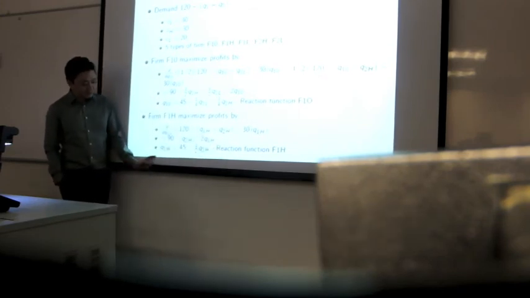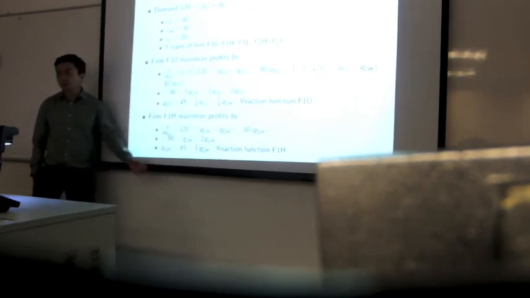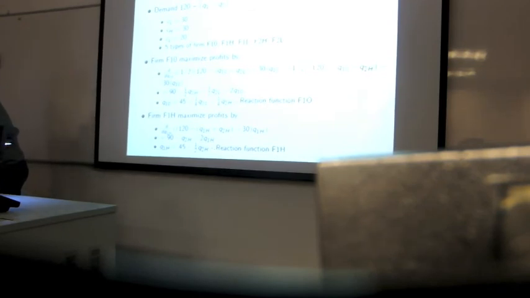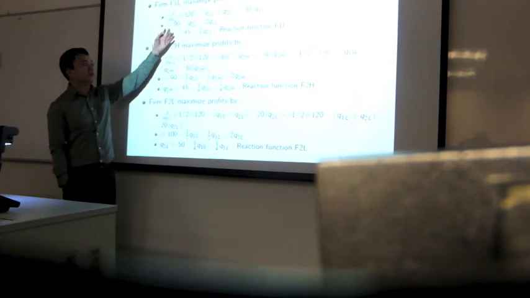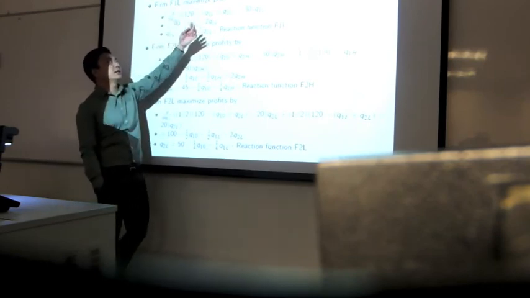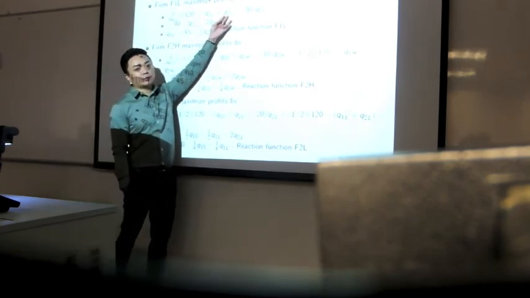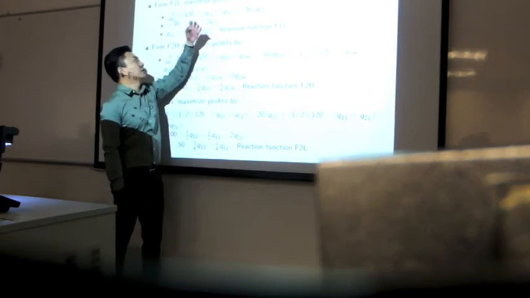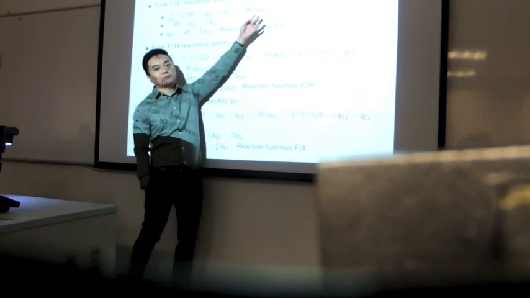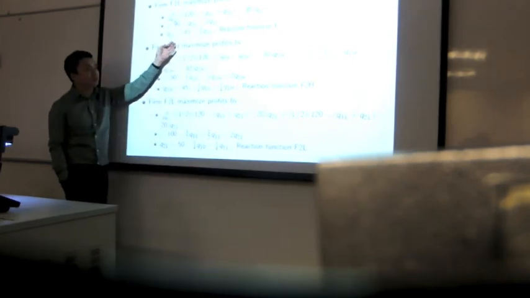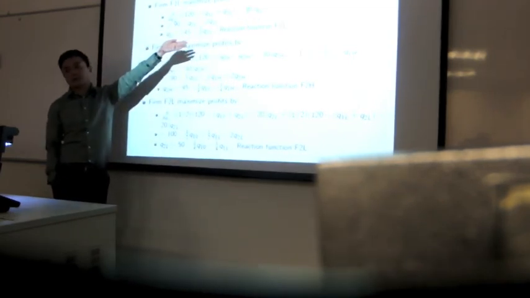So take derivative, set to 0, we get the reaction function for firm 1H. Next for firm 1L. Again, firm 1L here knows that the cost is low, so it knows that firm 2 will produce Q2L. And it knows that it will produce Q1L. So we take derivative, set it to 0, we get the reaction function of firm 1L.